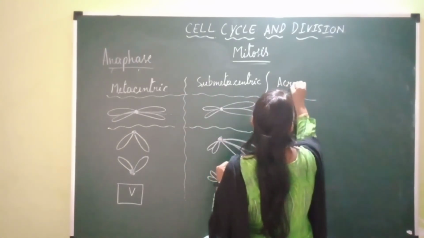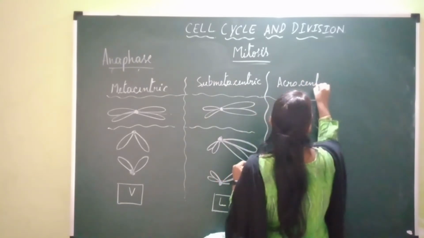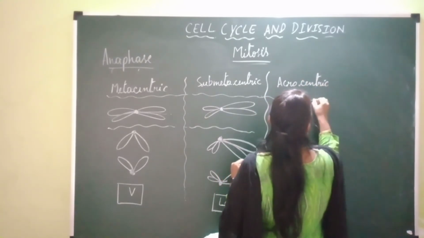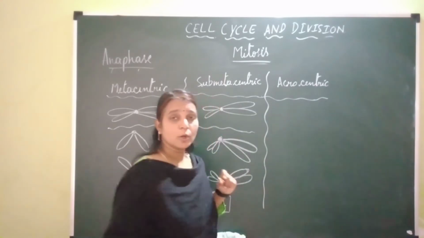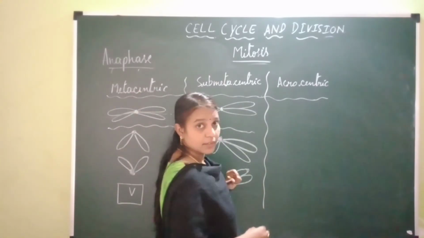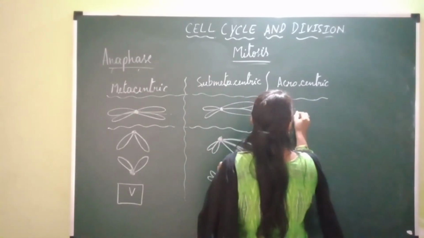In case of acrocentric chromosomes, the centromere is very close to the end of the chromosome.